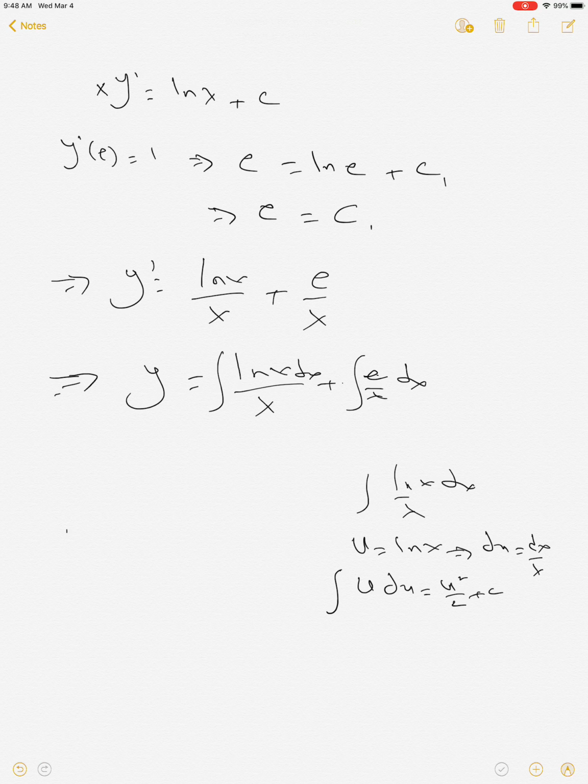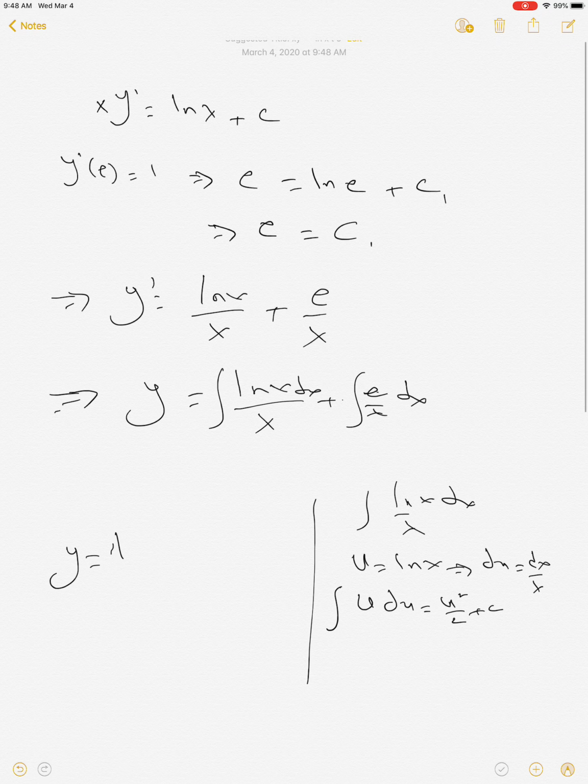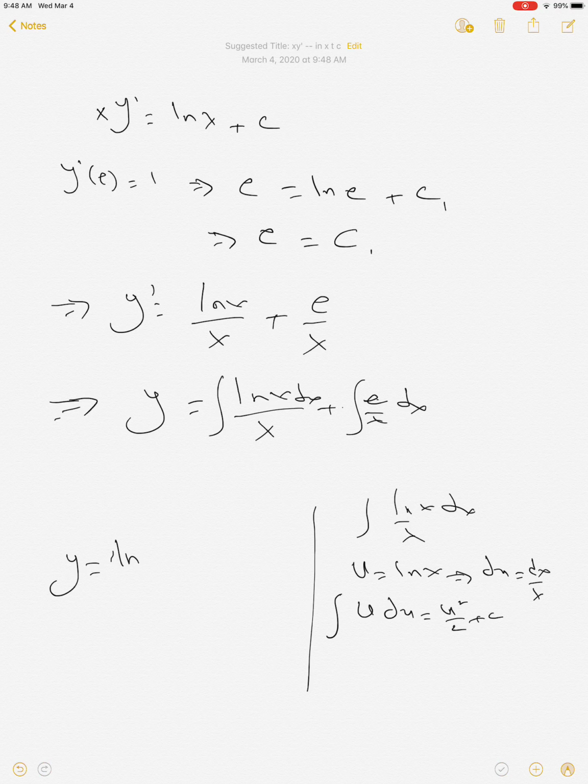So this means y is equal to ln x squared over 2 plus the integral of e over x, which comes out to be e ln x, plus another constant, which is c2. Now I can apply the other condition, y of e equals 2.